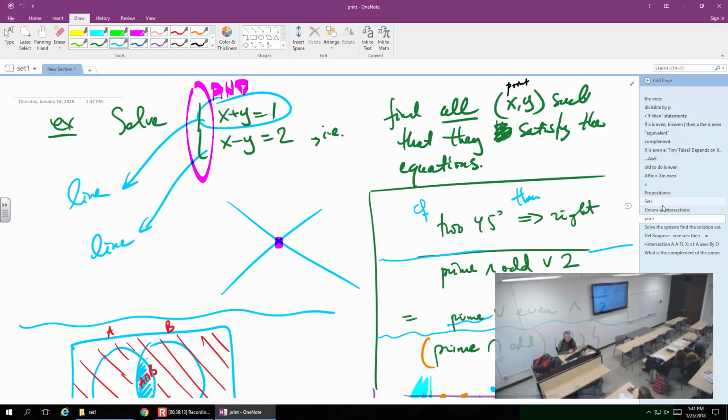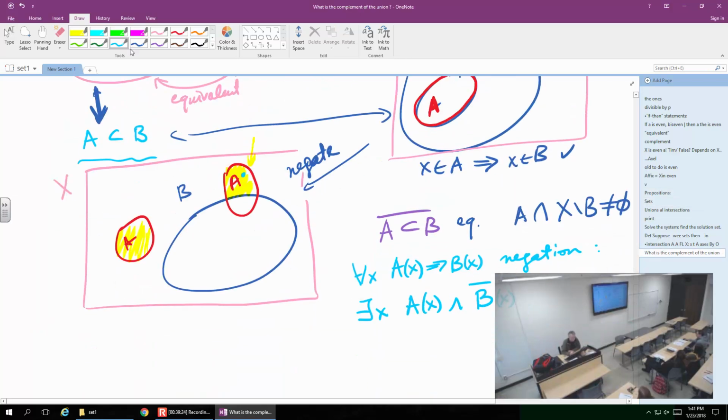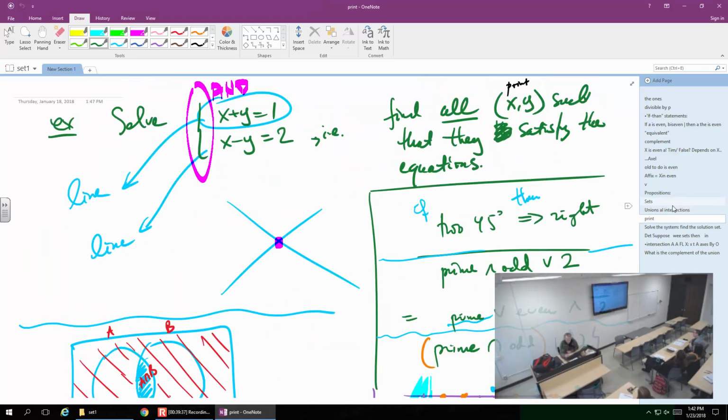So suppose prime and odd is our statement, so x is prime and odd. No, I'm sorry, that's not the right one. I need the one that has an implication here somewhere.